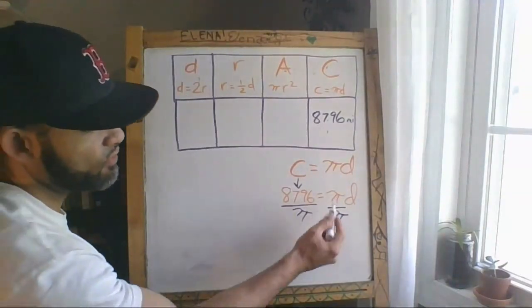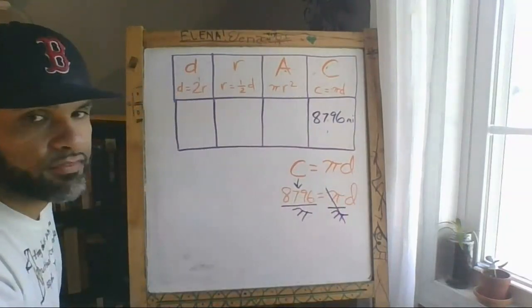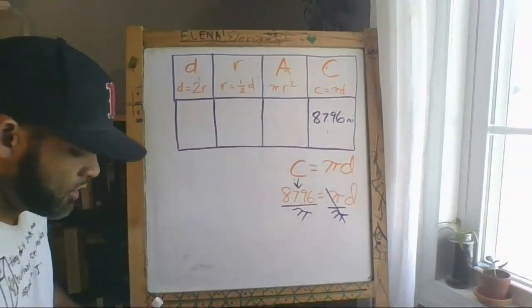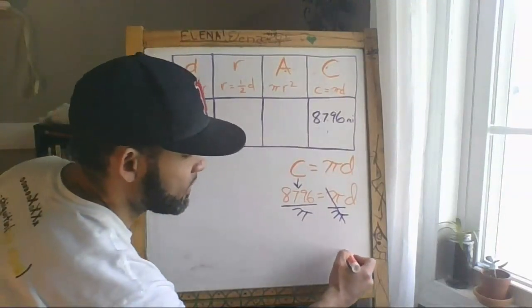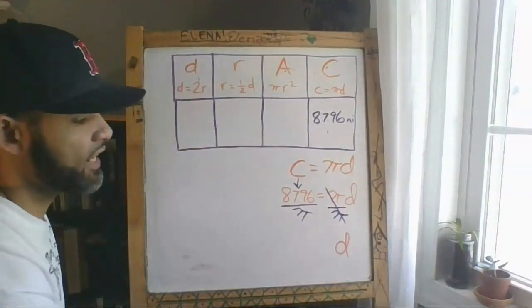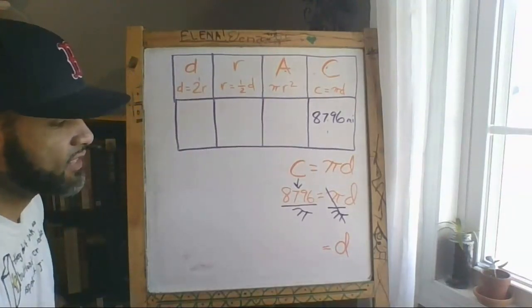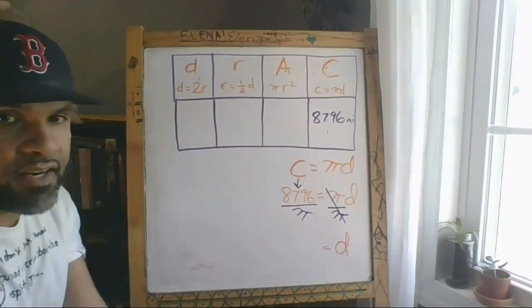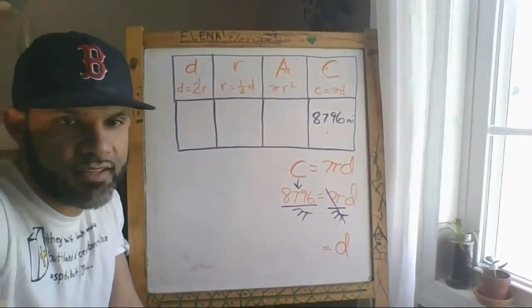And we know this is 3.14, but the same number divided by itself, it equals 1, right? But we're not going to write 1d here. We're just going to put the letter d. All right, so the diameter is going to equal 87.96 divided by pi. All right, so let's go to our Desmos then.